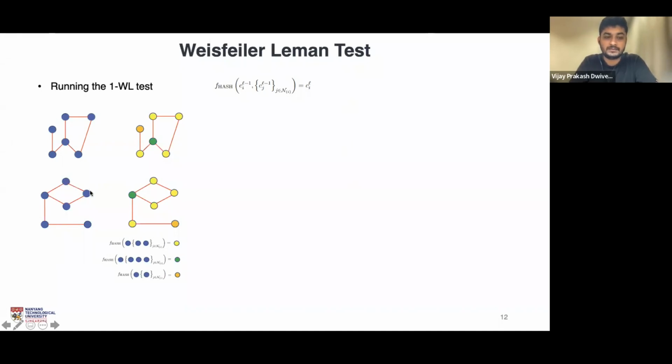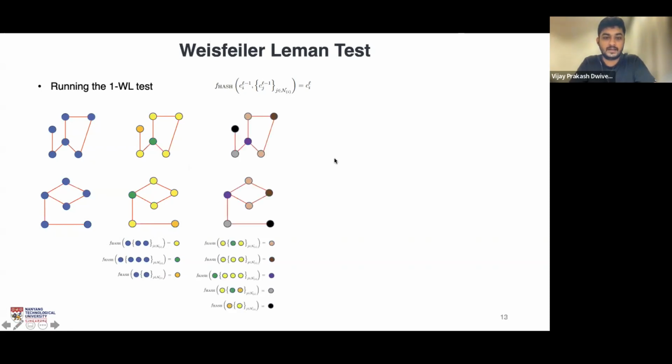So there are three possible combinations of colors, and hence we get three distinct color outputs as a result, and correspondingly the colors of the nodes are updated in the next iteration. This step is iterated until we have a stable node coloring, where the colors don't change. So this is the first step. Now we'll repeat the same process to output colors for the next iteration. So let's see now.